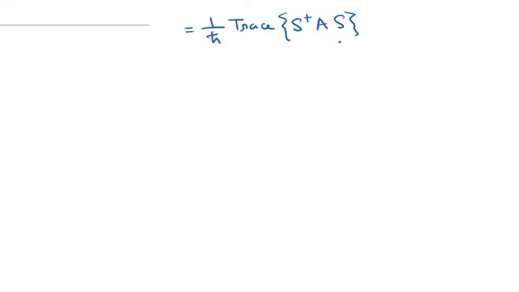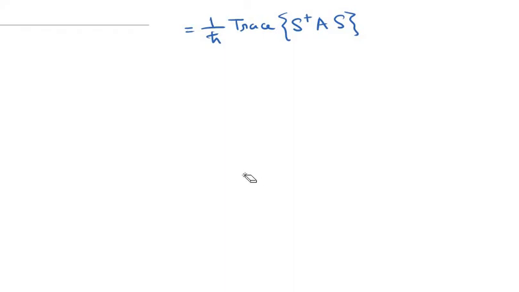Now since this total part is a number, it is equal to its trace, like a one-element matrix. Trace is basically the sum of the diagonal elements of a matrix, and a number can be treated as a 1 cross 1 matrix, so this number is equal to its trace.